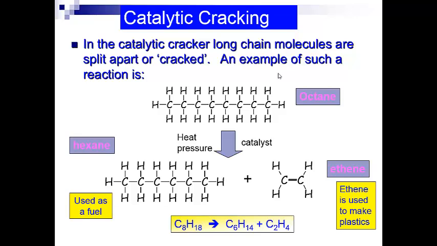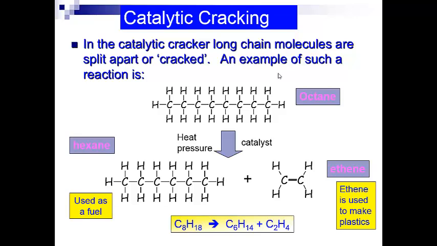So at the top you have octane. Now if you think of an octagon, it has 8 sides. So octane has 8 carbon atoms. It's not that useful. So what they want to do is crack it into smaller molecules. They use heat first, so heat and pressure to vaporize it.